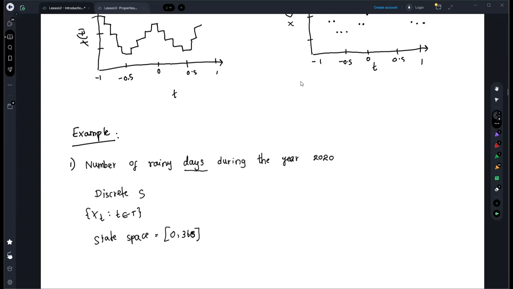What about the time set? When you say rainy days, it can happen on any day, right? So it can be a time. So your time set is any day between 1st January to 31st December, right?